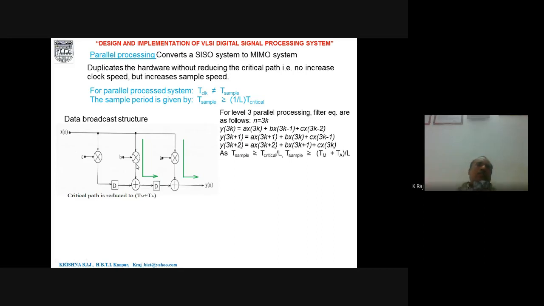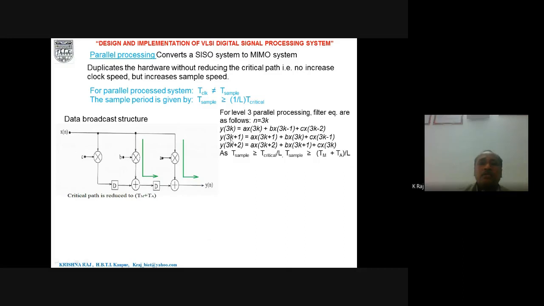Now, in order to develop the parallel architecture or the parallel circuit, we will write the equation of three level parallel processing here. Previously it was yk, so the k will be replaced by 3k, so it will become y3k = ax3k + bx3k-1 + cx3k-2.